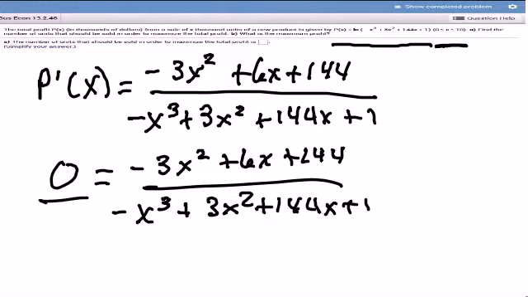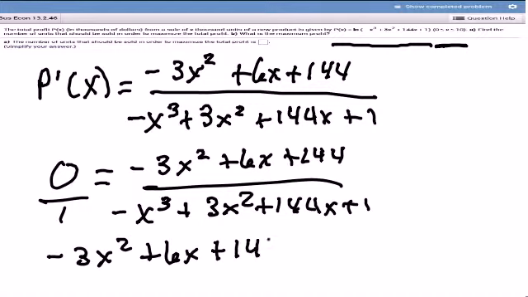So let me write this out. I'm looking at 0 over 1. When I cross multiply, the denominator is times 0, so it really cancels out. So I end up with negative 3x squared plus 6x plus 144 equals 0.